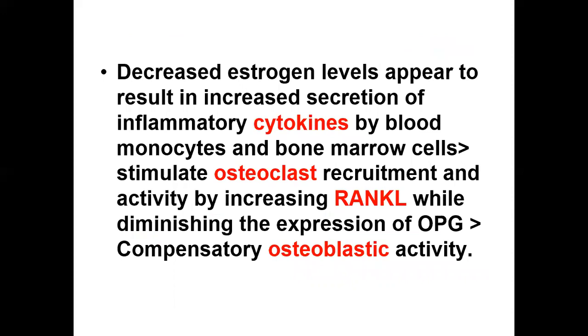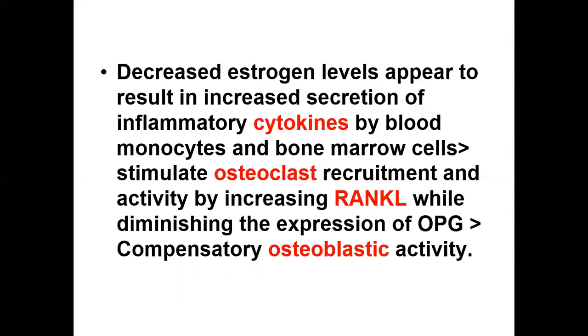And decreased estrogen levels, especially in post-menopausal females, appear to result in increased secretion of inflammatory cytokines by blood monocytes and bone marrow cells, which stimulate osteoclast recruitment and activity by increasing RANK L while diminishing the expression of OPG, with compensatory osteoblastic activity.